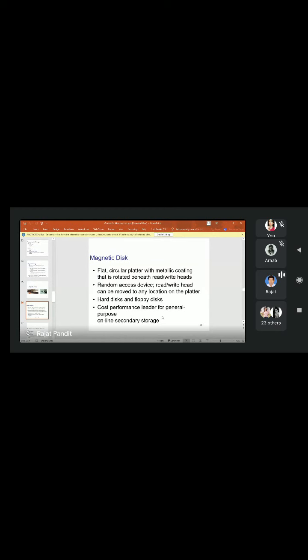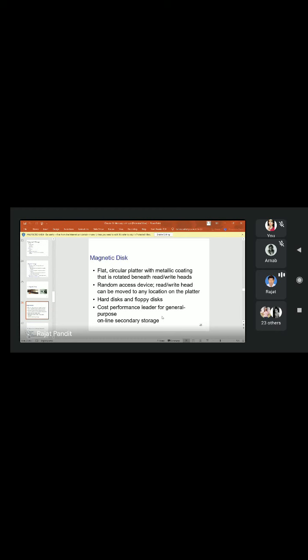So it's like a CD or DVD which is playing on a particular box, and there is a pointer which is put on this disc, and it reads the information from that disc, gramophone recorder, and plays the song. It's like that. Okay. So a random access device, the read write head can be moved to any location on the platter. Hard disks and floppy disks.